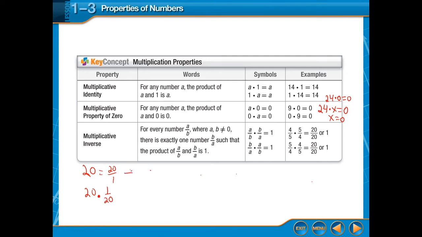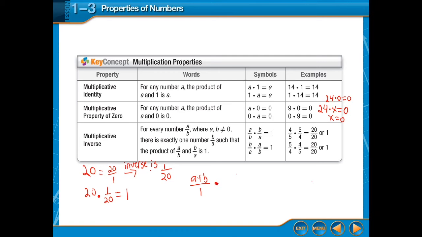If you take 20 and you multiply by 1 divided by 20, then you'll get the number 1. If you ever multiply by the multiplicative inverse, your answer will be 1, no matter what the fraction is.